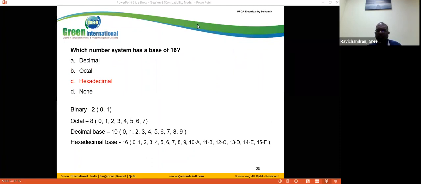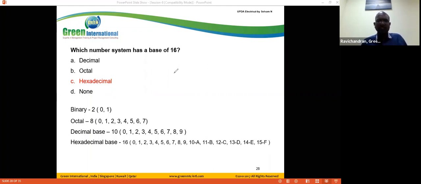Here we have different systems. As I said, there is a chance of questions like convert decimal to binary, binary to decimal, like this.